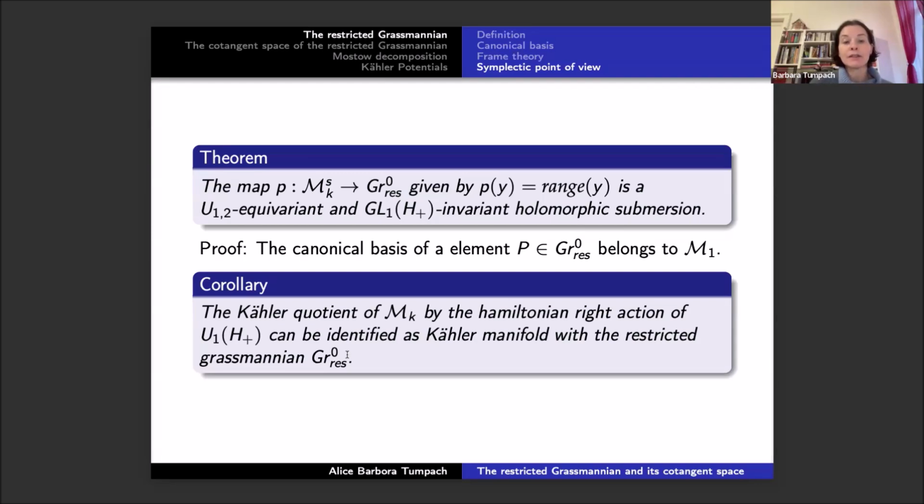So a corollary of this theorem is the following: the Kähler quotient of Mk by the Hamiltonian right action of U1 can be identified as a Kähler manifold with the restricted Grassmannian GR res 0.